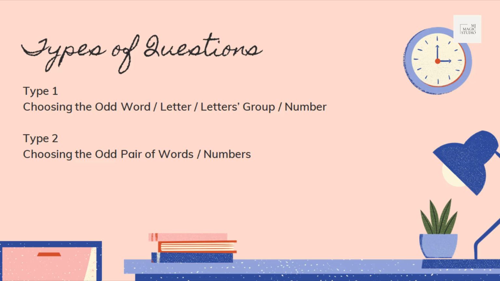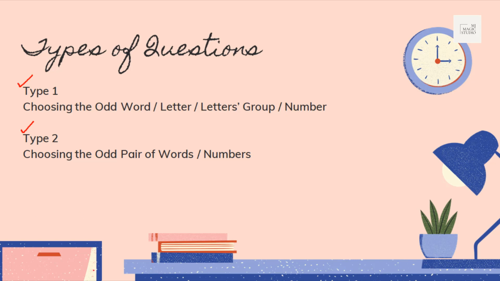So let's see what different kind of questions are asked now. Actually, types of question asked would be classified again in two types, type 1 and type 2. Type 1 would be like choosing the odd word, letter or letter groups or numbers, the questions which we have seen till now.